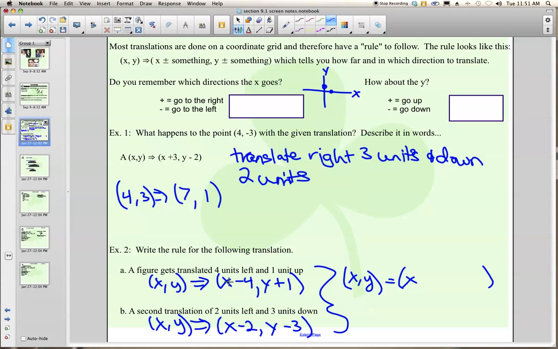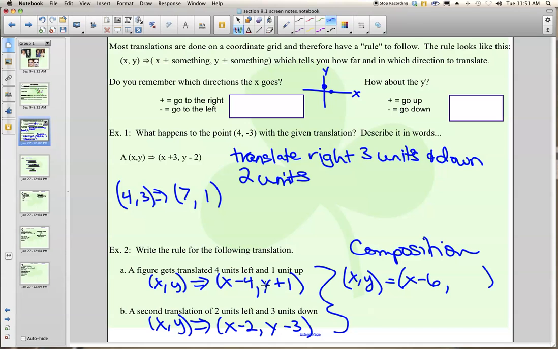So for each x value, first I subtract 4, and then I would have to subtract 2. So if I subtract 4 and then subtract 2, my composition would be to ultimately subtract 6.